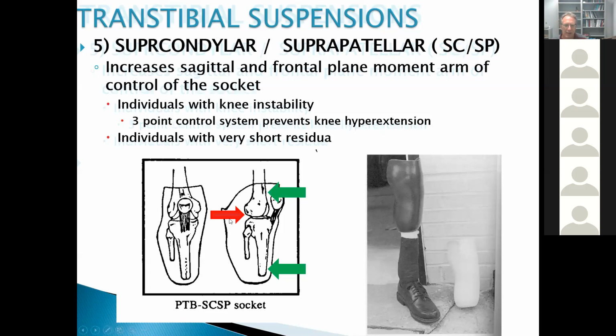Here, a little below the popliteal fossa, and then the counterforce is above, superior to the patella, and inferior on the tibia. So that's the application for the suprapatellar socket design.